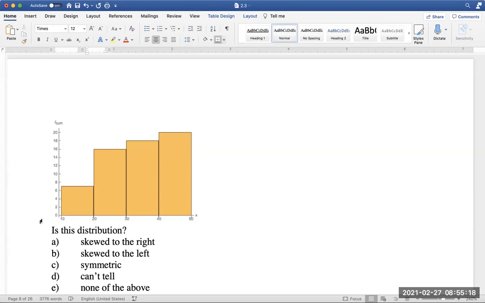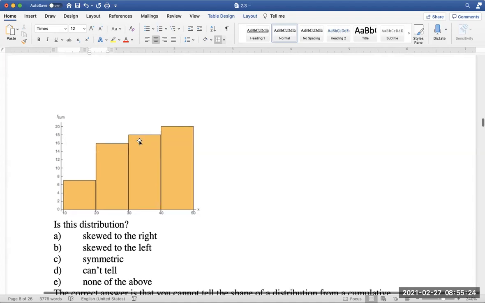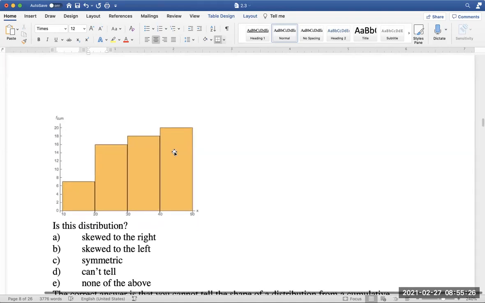So what do people think? Is this skewed to the right? Skewed to the right. Okay. Anyone else? Does everyone think it's skewed to the right? Anyone not thinking it's skewed to the right?